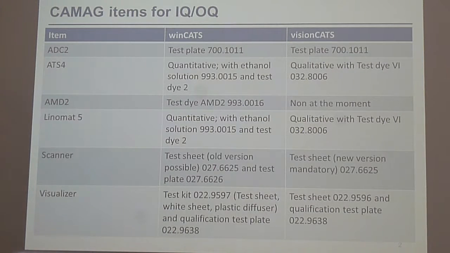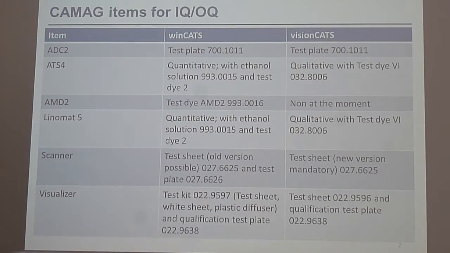But the thing is really that if you come to money, it's always talking about money. We did reduce costs dramatically in the last couple of years for IQOQ items. We don't have to send you the paper.